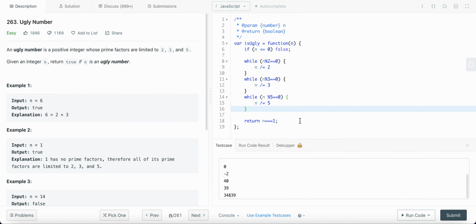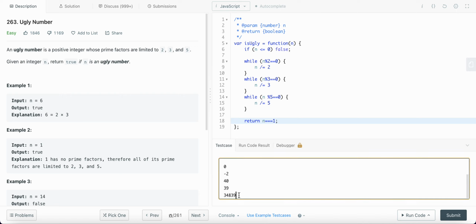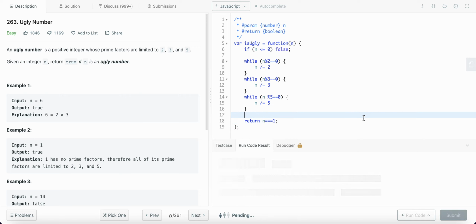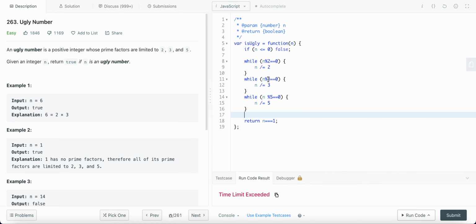Okay, so the time complexity, why did that happen? Let me just check for only these. Okay, what's happening? If n is less than or equal to 0, I'm going to return false right here.